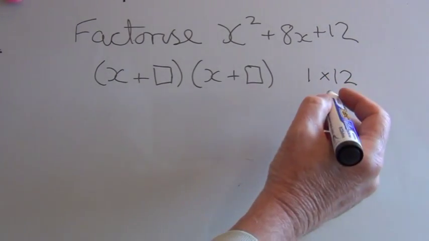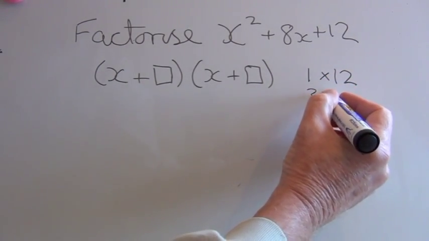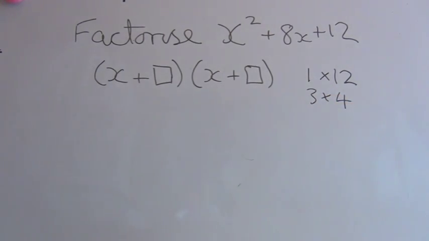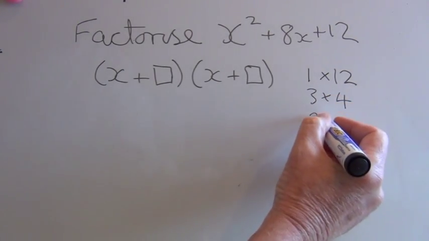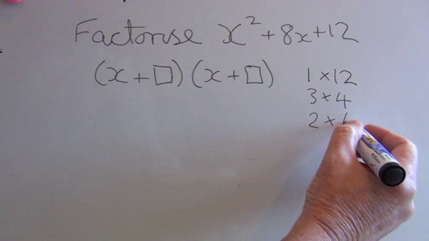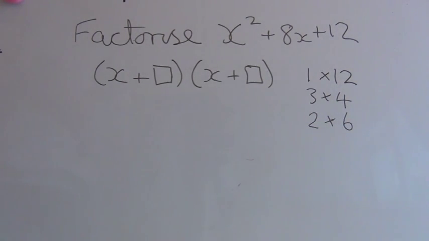We can also have 3 times 4, and we can have 2 times 6. So let's start putting these into our brackets and see which comes out as the one that we require.